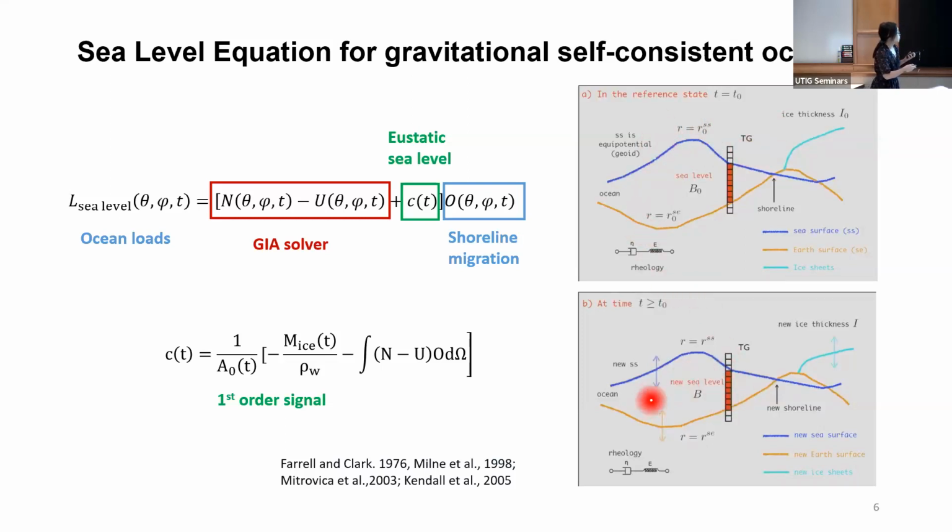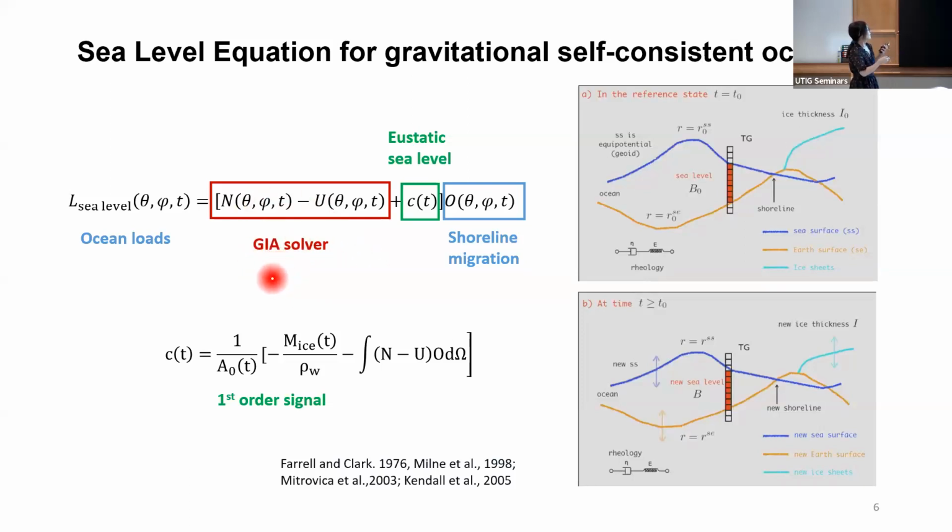So if we have perturbation to the top surface and perturbation to the bottom surface, we can know how those perturbations cause the sea level change. Basically, the ocean surface follows the geoid potential surface, right? So the geoid minus the uplift of the bedrock on the ocean bottom. And then we will have the GIA solver to solve this part.